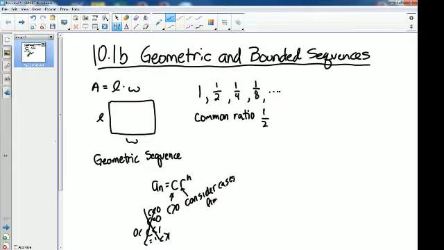And we're going to calculate that limit, considering all those different cases. We're going to look at 5 of them. Good?